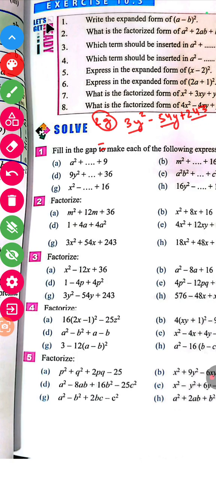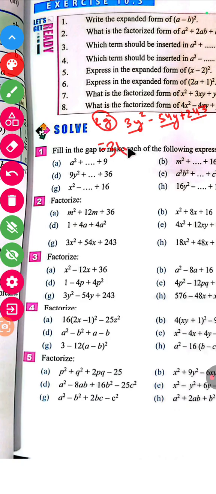The rule for factorization, as we all know: first we need to see the common factor between all the terms. Then we go for the formula a square minus b square by arranging the terms. Then we see the perfect square method, and after that the middle term split method. Those are the rules I just talked about. Now talking about this question, first what do we see? We see 3 is common between all three terms.